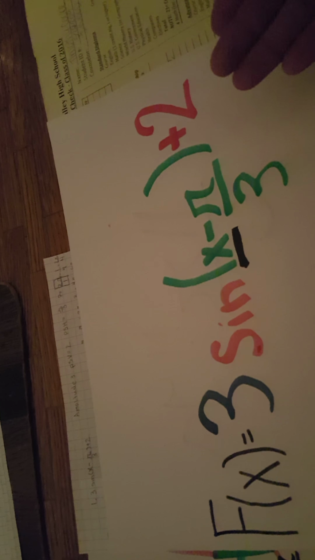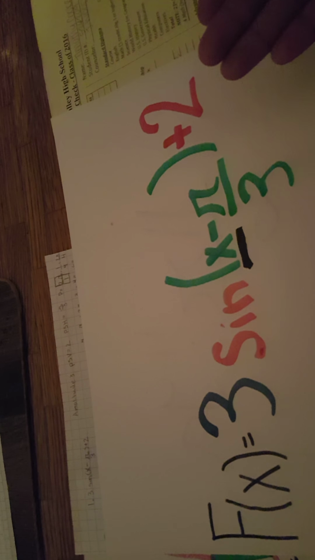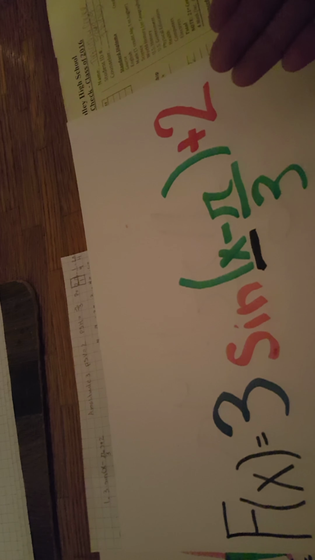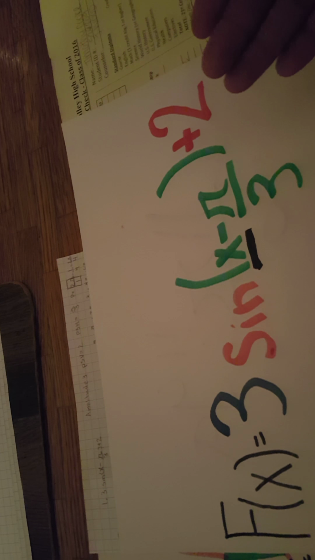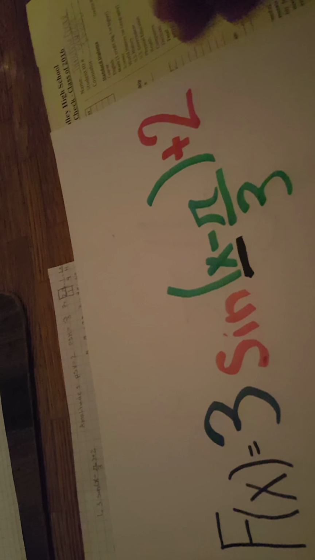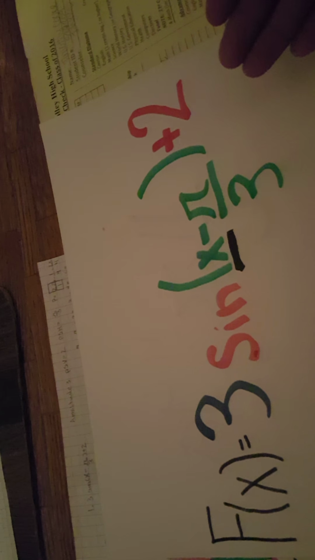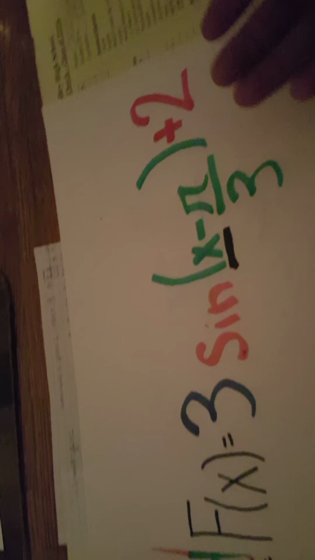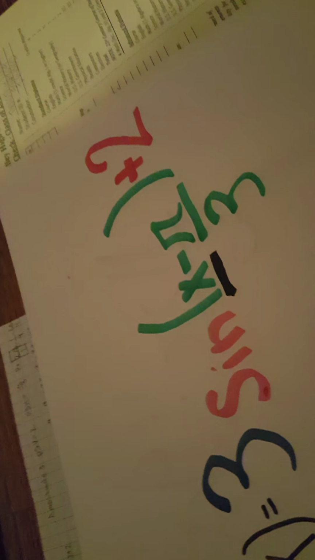Our vertical asymptote. I mean, not asymptote. Don't ever say that. Vertical phase shift. Yes, it's 2. So, as you can see, we just identified what plus 2 is. It's our vertical phase shift, and it's found at the end.